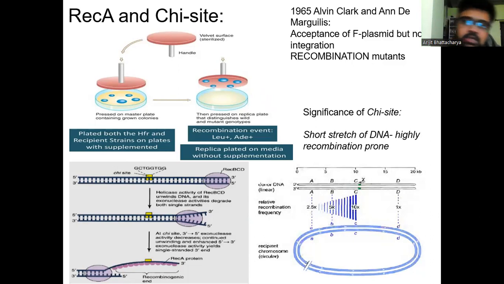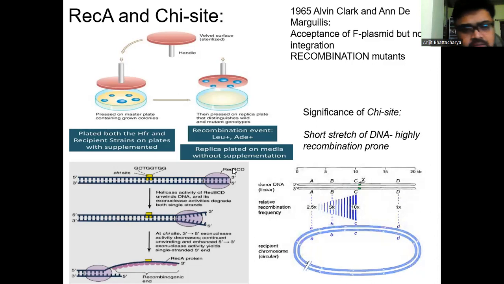Introspecting this event, they found that the mutation is in a gene, and if that gene is mutated, recombination will not occur, and that's how the rec gene was identified. Subsequently, it was found that there are mutations in some other genes also, so those were named recB, C, D, etc.